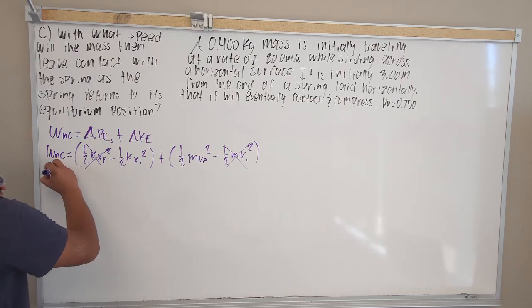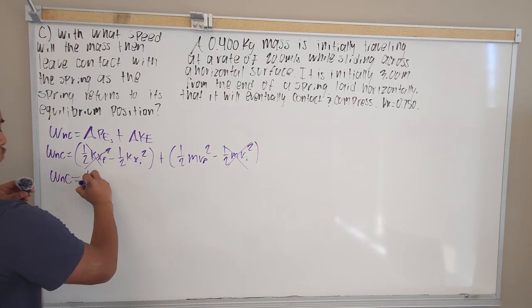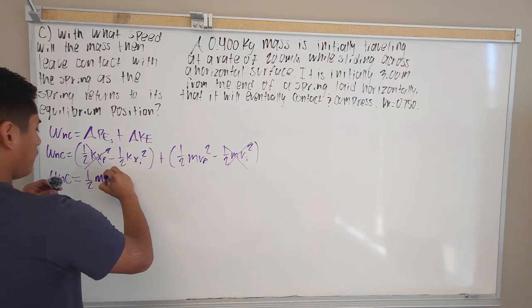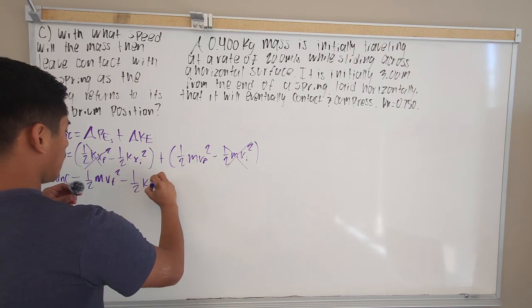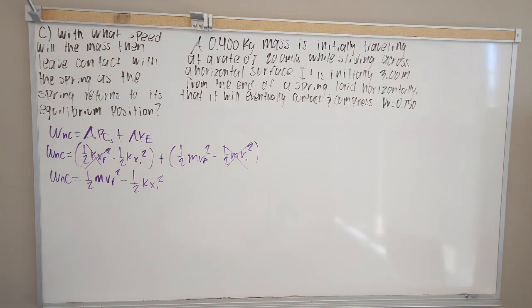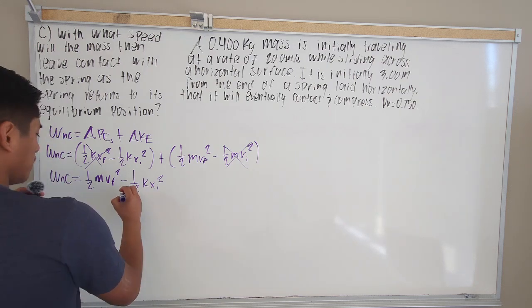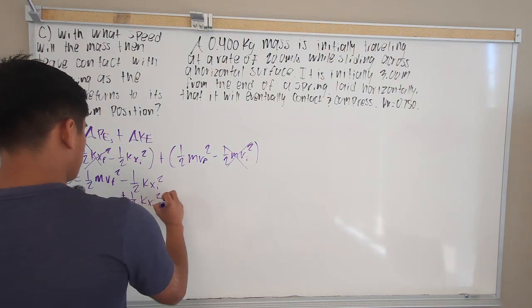So we will have that the work done by the non-conservative forces is equal to 1/2 m v final squared minus 1/2 k x initial squared. Now here we can go ahead and isolate for v final. I'm going to add this one to both sides.